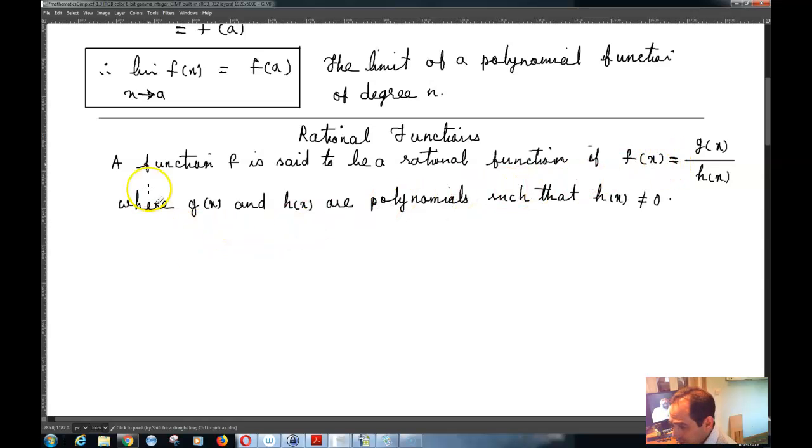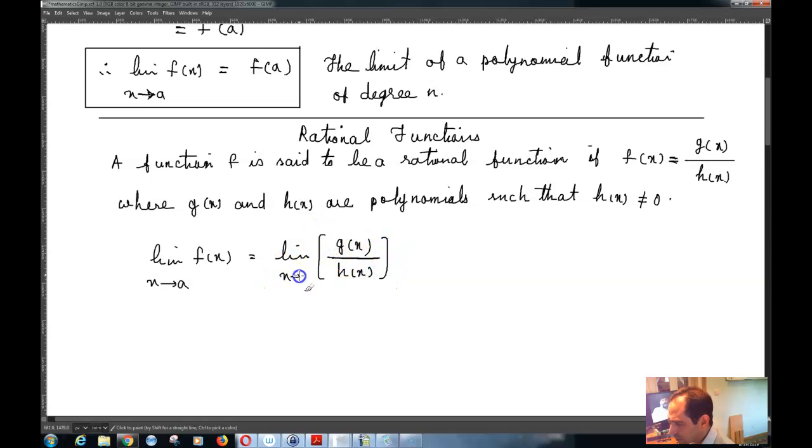Now if f of x is a rational function, then you can say that the limit of f of x as x tends to a is equal to the limit of g of x by h of x as x tends to a, which is equal to the limit of g of x as x tends to a over the limit of h of x as x tends to a.